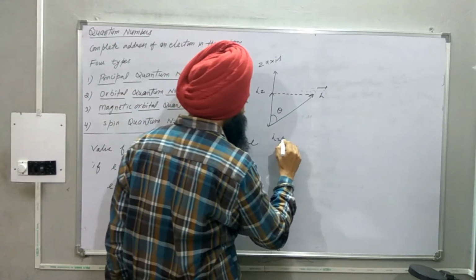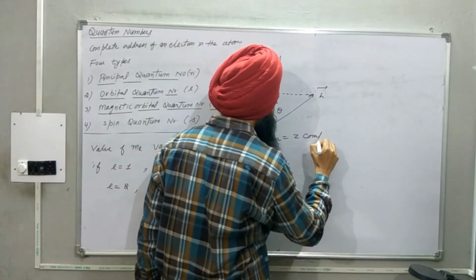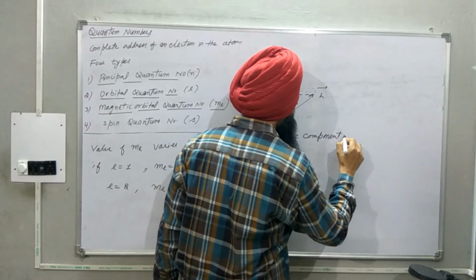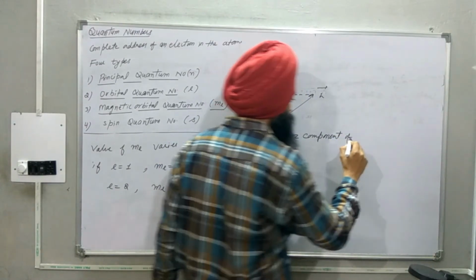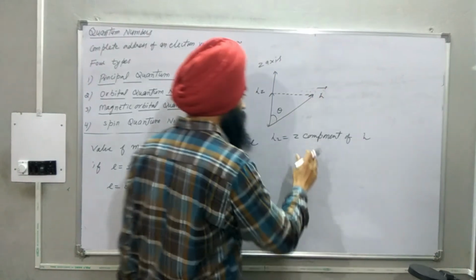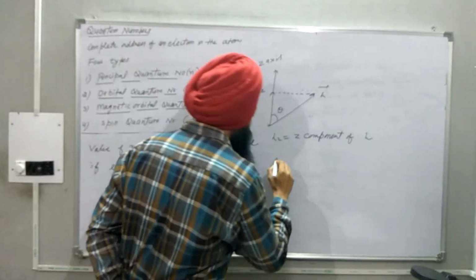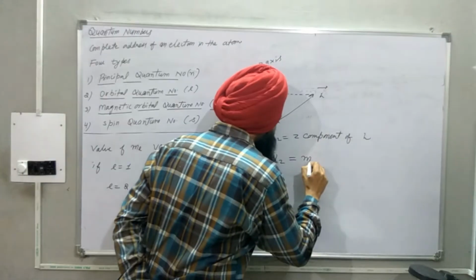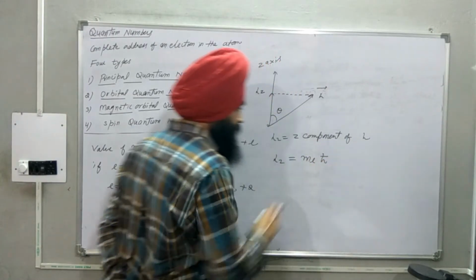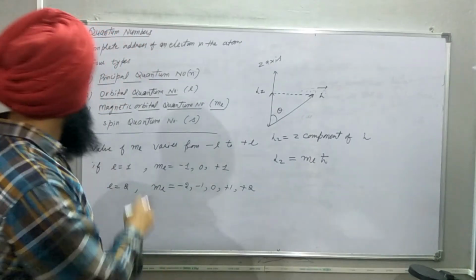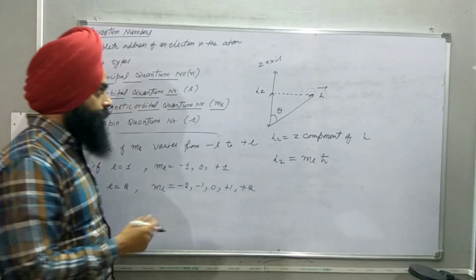This Lz is the z component of orbital angular momentum. Its value is Lz is equal to ml h cut. Ml is again the magnetic orbital quantum number.